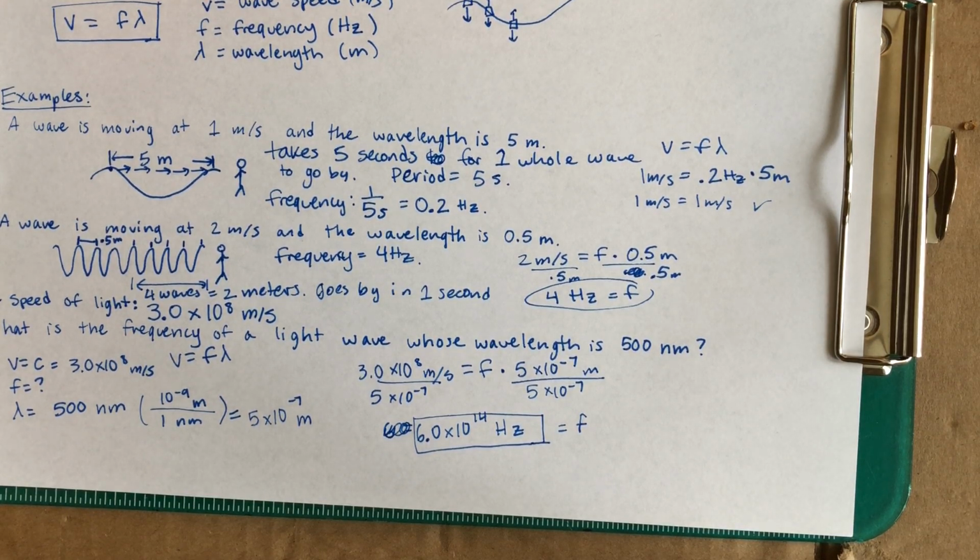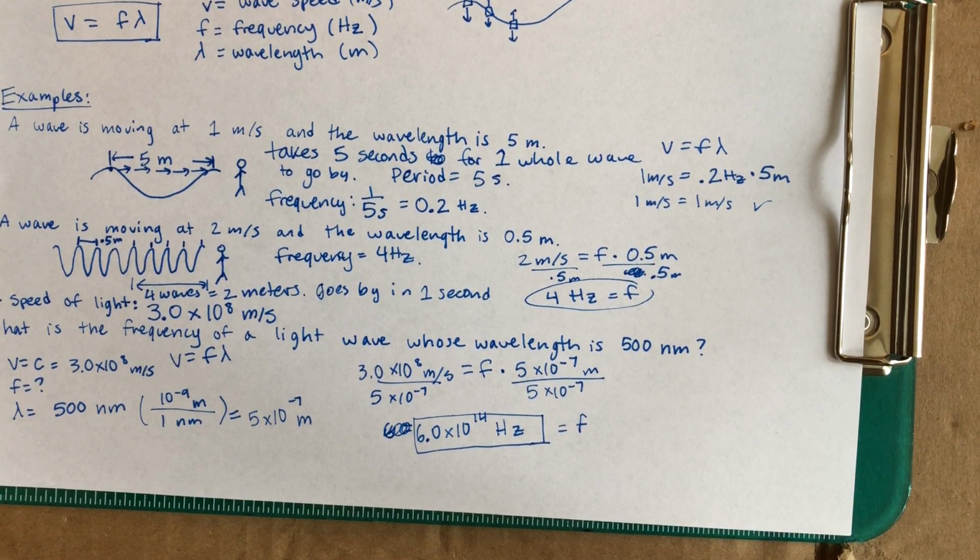When we're talking about light or other electromagnetic waves like radio waves or microwaves or ultraviolet waves or X-rays, these are all different examples of the same type of wave, and the only thing that's different about them is their wavelength or their frequency. We'll talk a lot more about that in a couple of weeks, but one thing that tends to be common with electromagnetic waves is that they're referred to by either their wavelength or their frequency, since you can always use the speed of light to figure out the other one.